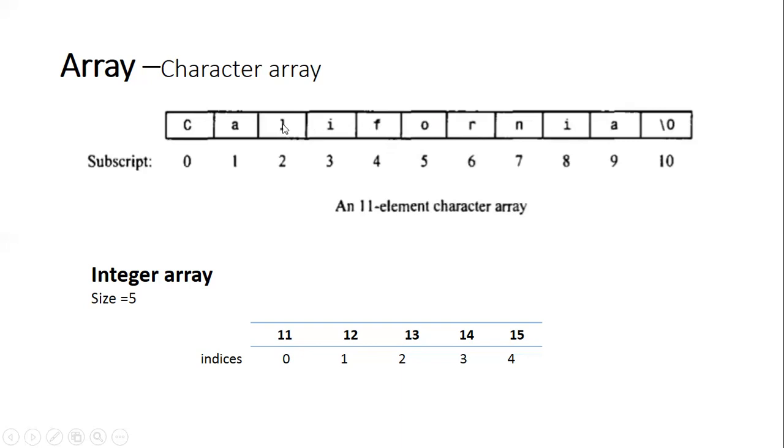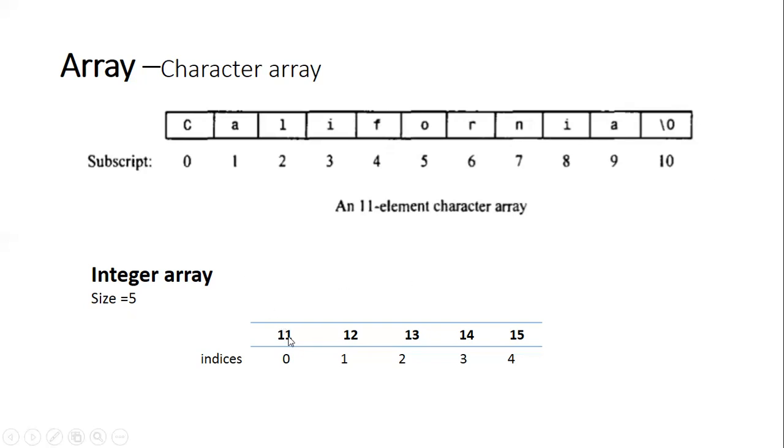The last character is shown as \0, the default null character. So this California word is ended by the null character by default. This kind of character array can be represented in the C program.